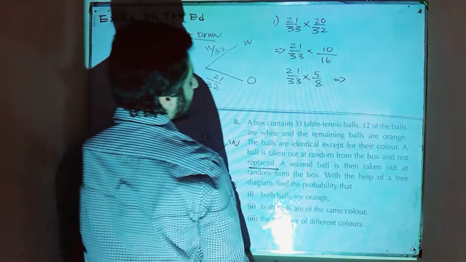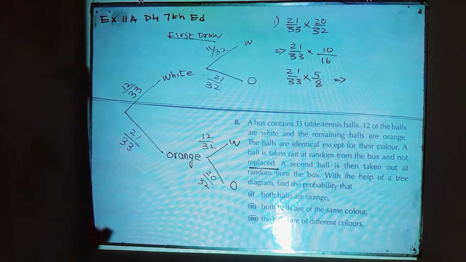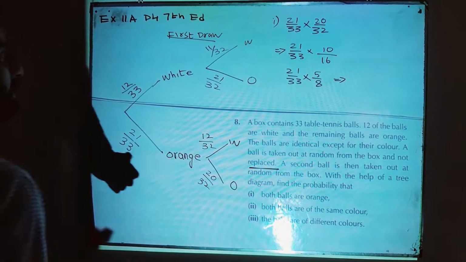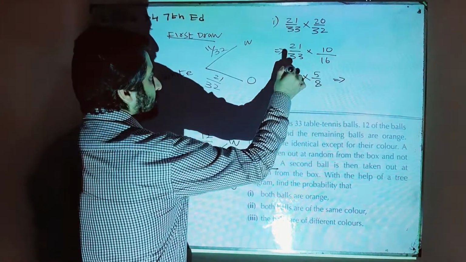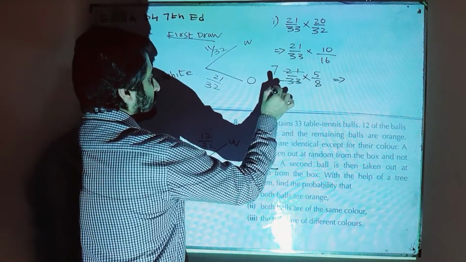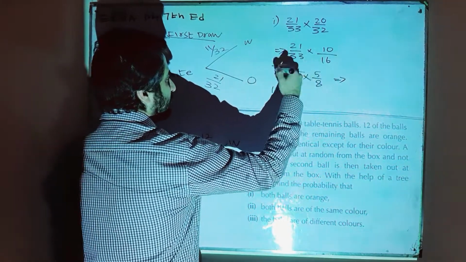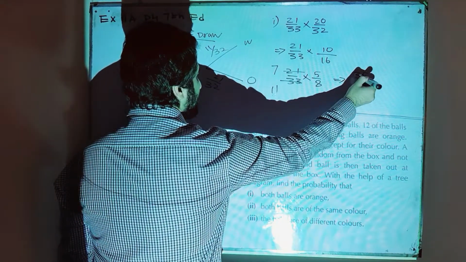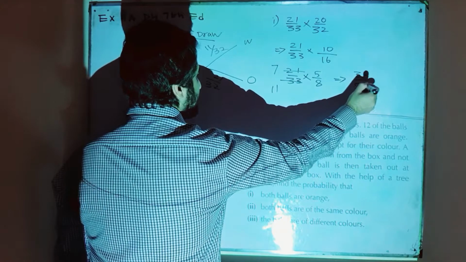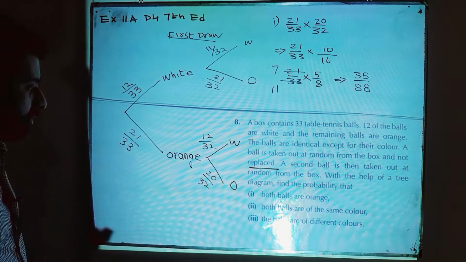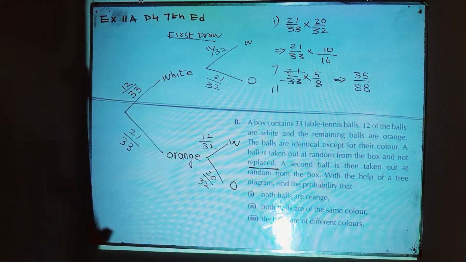Now you can further simplify it. 3 sevens are 21, 3 elevens are 33. So 5 into 7 is 35, and 11 into 8 is 88. So the probability that both balls are orange is 35 by 88.